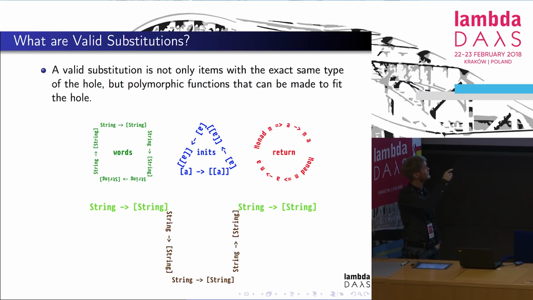So you can use inits here because that takes a string, a list of characters, and it returns a list of characters, so that's valid. And if we go into more type class polymorphism, you can use return there, and it will just insert the string into a list of length 1 with the string in it.